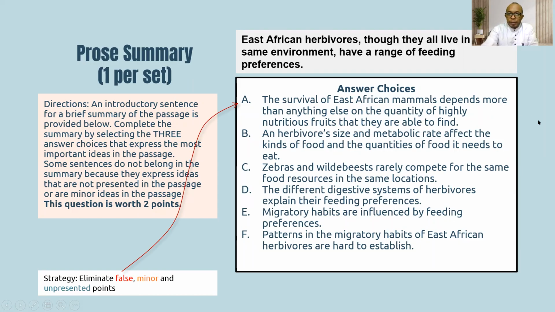It's not true. Now, C over here is true, but it's something that has a narrow scope, something that is not as important that it will be impactful for the whole passage. And F over here is also wrong, okay, because it is not hard to establish.